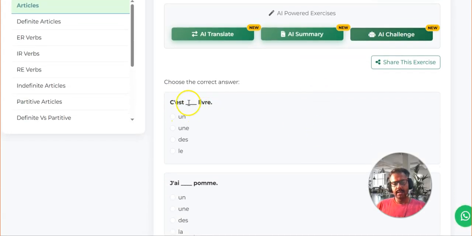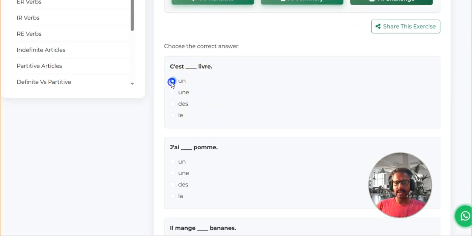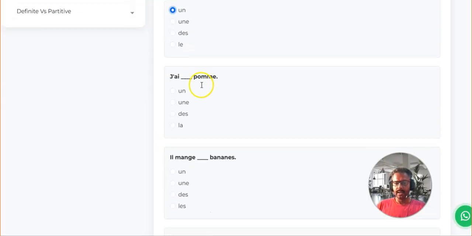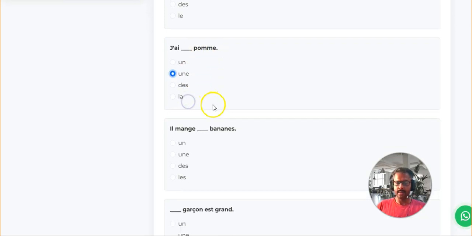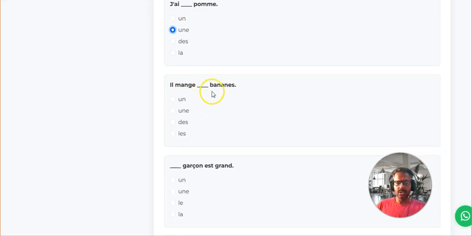So here, c'est un livre. We have to say what will come here. C'est un livre. Now, what is this? C'est une pomme. Il mange des bananes. Since it's plural, les should come here. Les bananes.